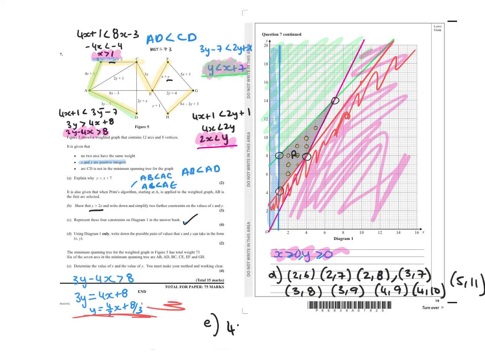Everyone happy? I've got 4y's. Then I've got x, 4x plus 3x is 7x, 8x. Then I've got 3, 4, 2, minus 5. Everyone happy that that's my equation I now have?